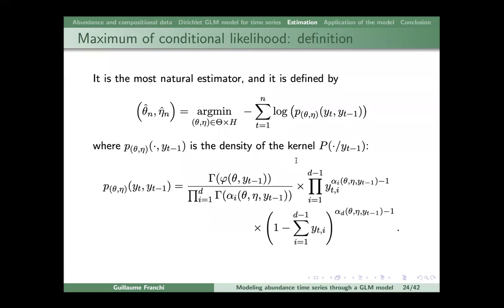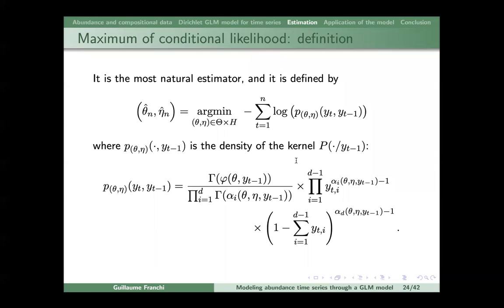It is the density of a Dirichlet distribution, where alpha I is simply p times lambda. It was too long to write.